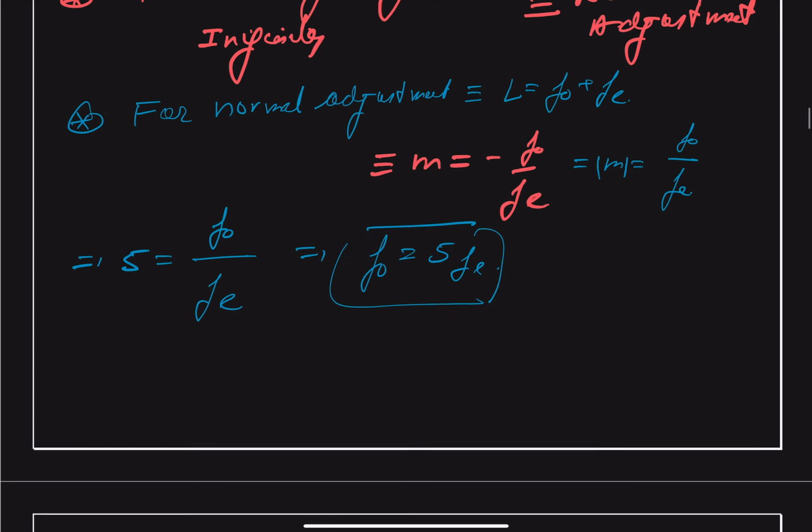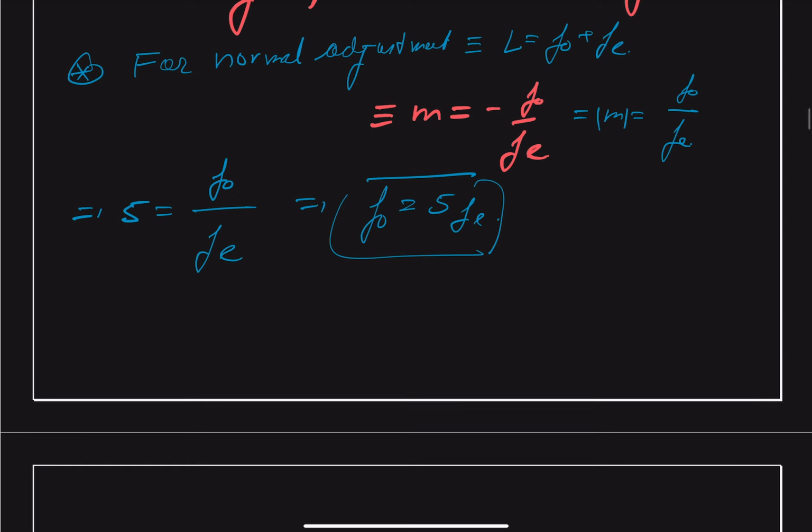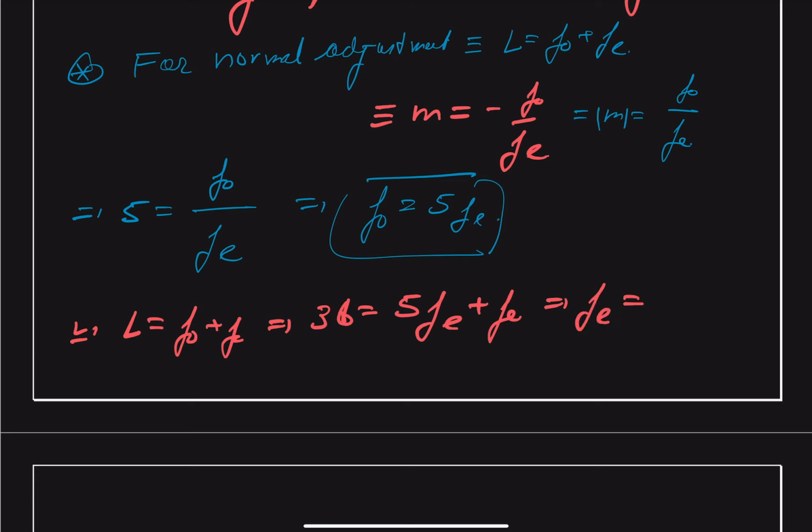And we are going to substitute this into the equation of L, which states that L is equal to F0 plus Fe. The length is given to us as 36, so 36 will be equal to 5 times Fe plus Fe, and this gives us that our Fe is equal to 6 centimeters.